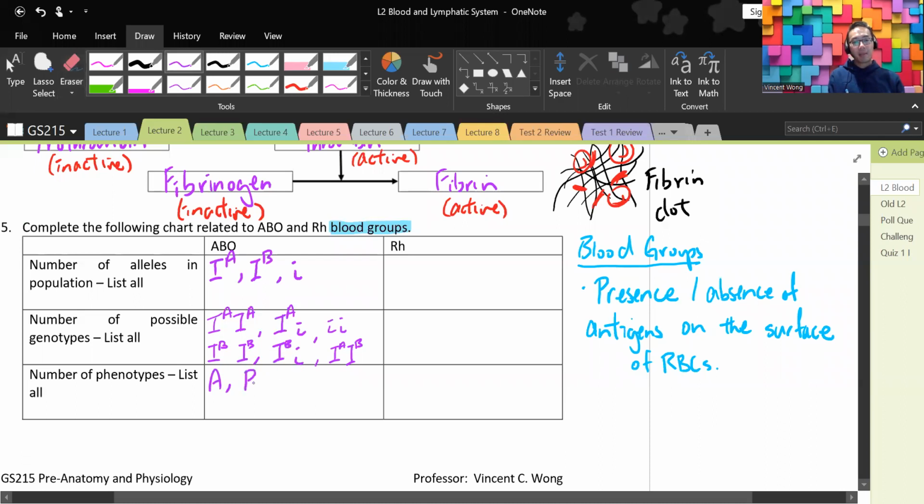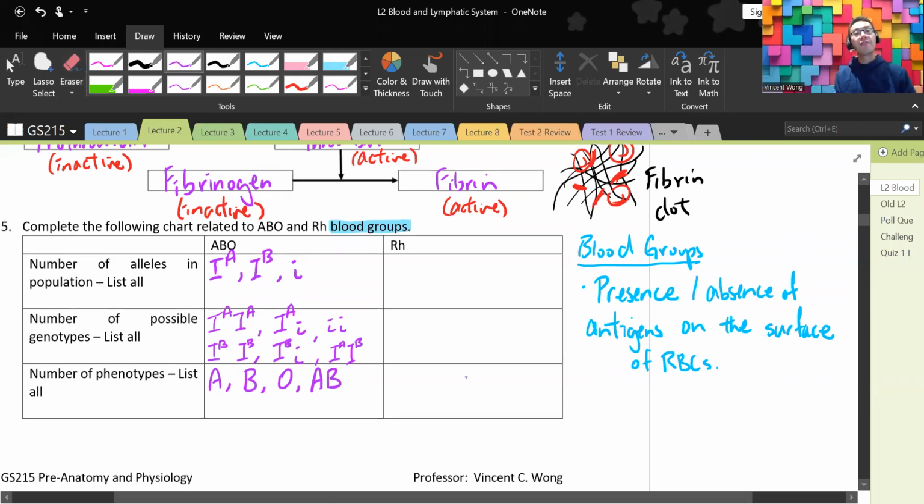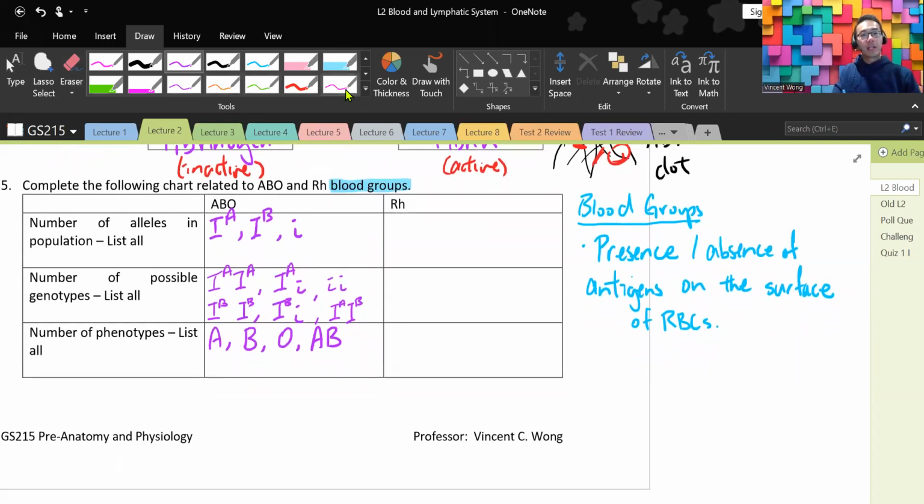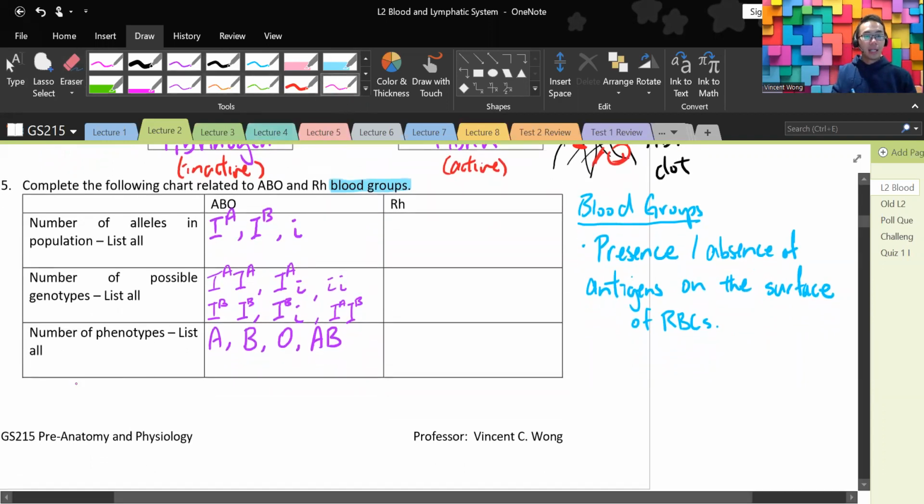IB small I is type B blood. Little I little I, type O. IA IB is AB. So with the 6 genotypes, we can have total of 4 phenotypes.